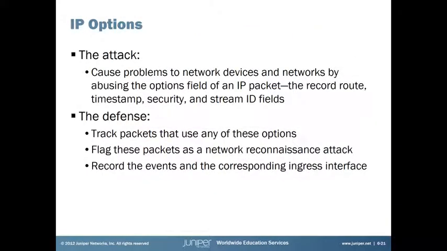Let's look at this other attack, the IP options attack. If we abuse the options field, then things like record route, timestamp, security, and stream ID fields can cause problems in network devices. The defense is to track any packets that use any of these options, flag them as a reconnaissance attack, and record the events and the corresponding ingress interface.